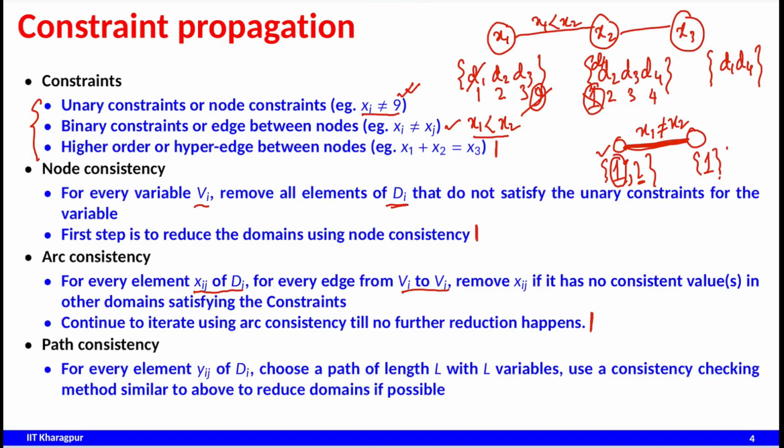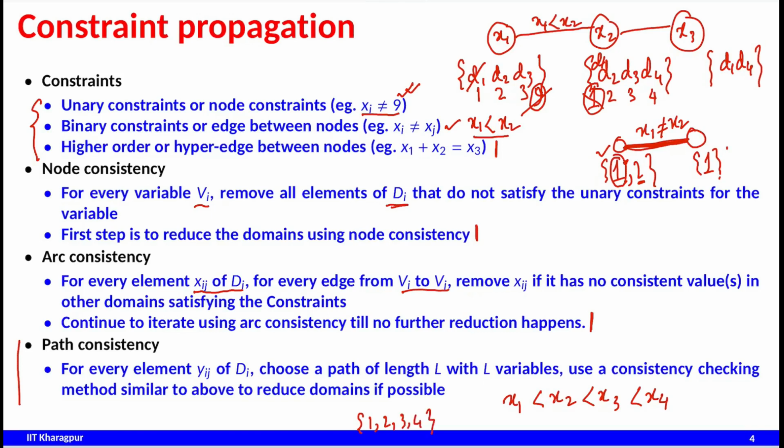Another thing, an extension of arc consistency, is path consistency. Let's say I have x1 less than x2 less than x3 less than x4, and all the variables have the domain from 1 to 4.